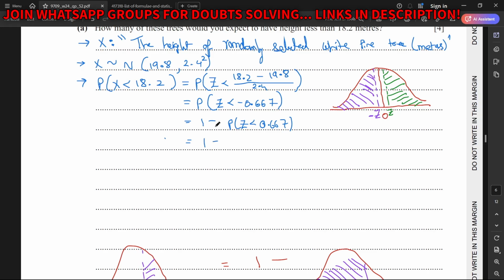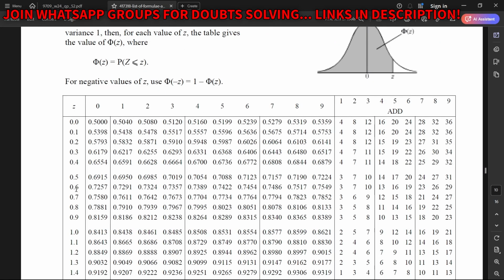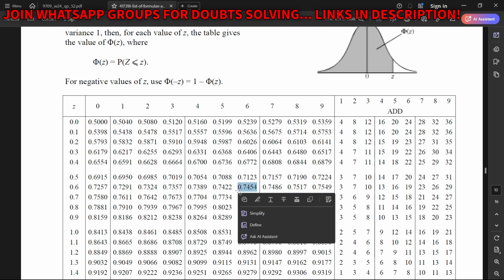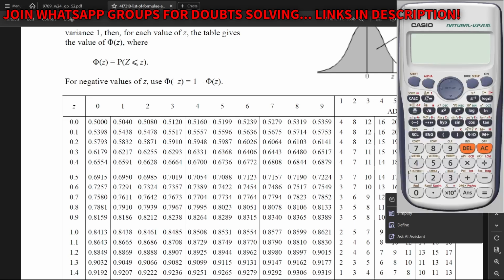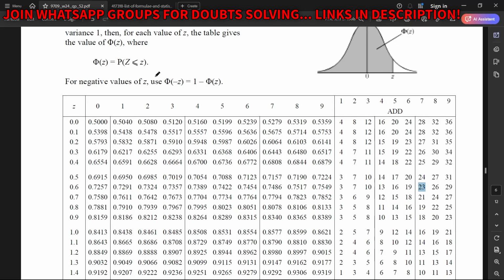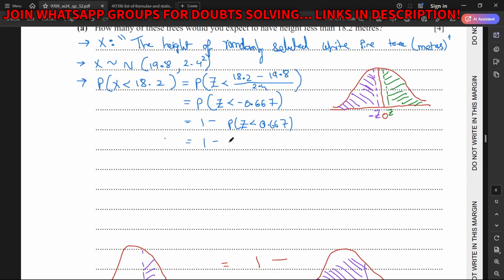Therefore this will be equal to 1 minus, over here if you look, 0.6 and then 7. So 0.66 is going to give me 0.7454, to which I need to add 0.0023 at the end. Let me open my calculator. 0.7454 plus 0.0023, and this comes out to be 0.7477.